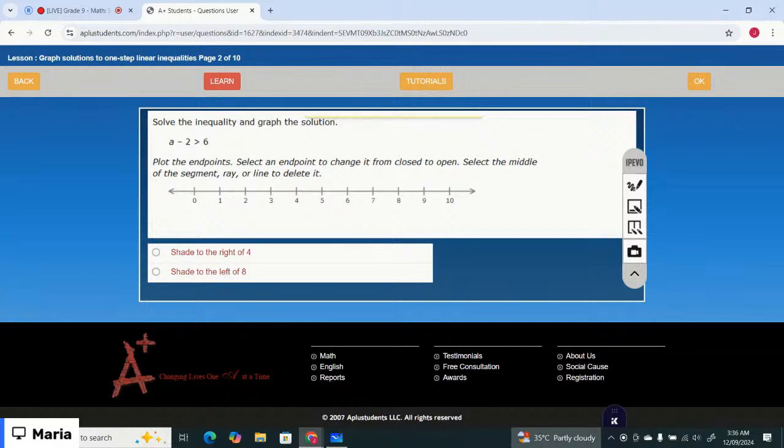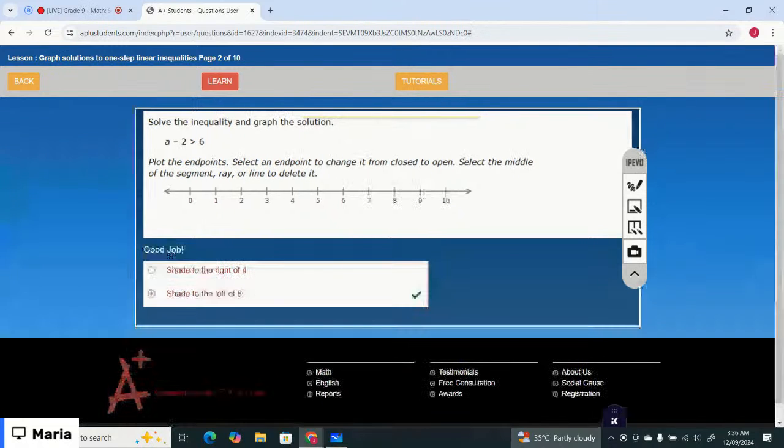The correct option is shade to the left of 8. You need to add 2 to both sides. So it would be shade to the left of 8. Option number 2 is the correct option.